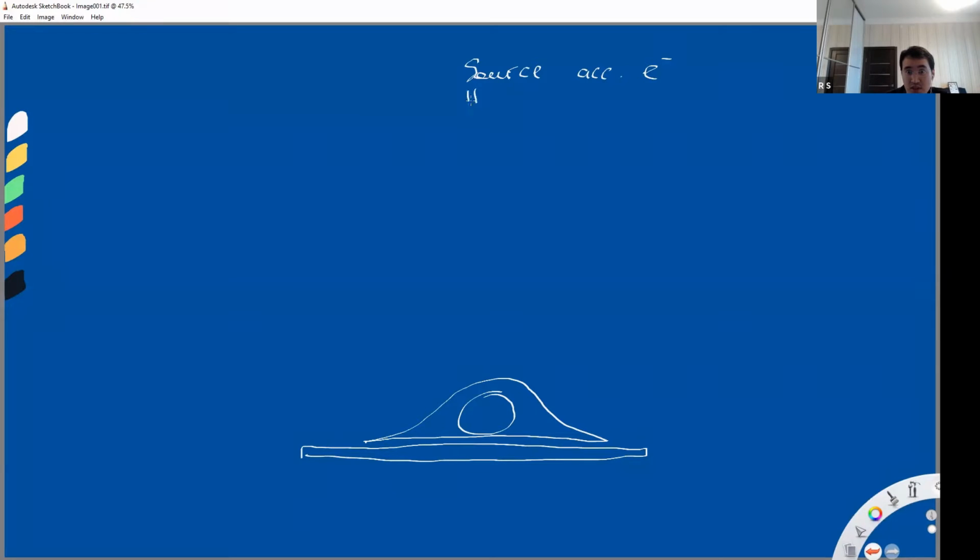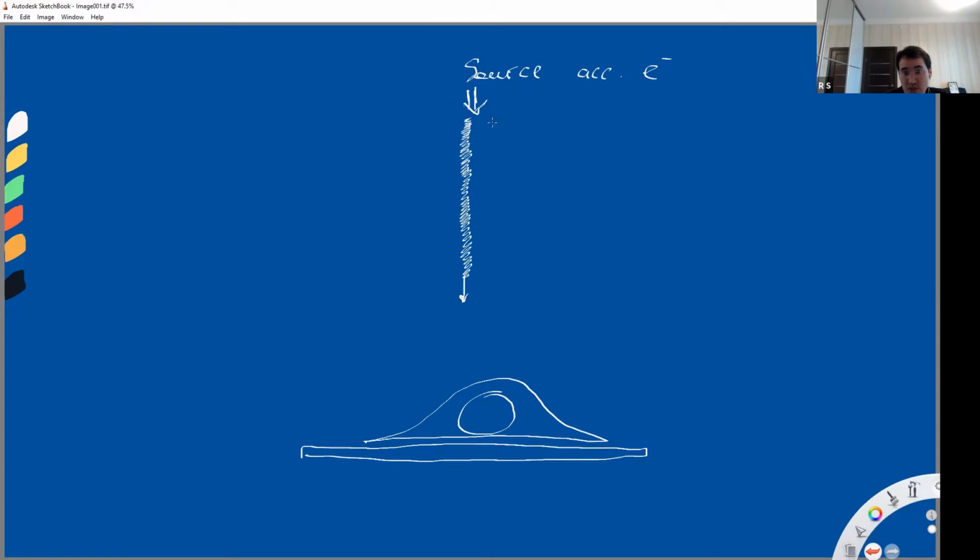And this source creates the beams of electrons, not the light, but electrons. And since their wavelength is much shorter than that of light, we can overcome the limit of the visible light.